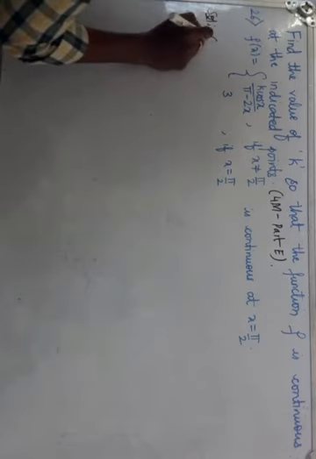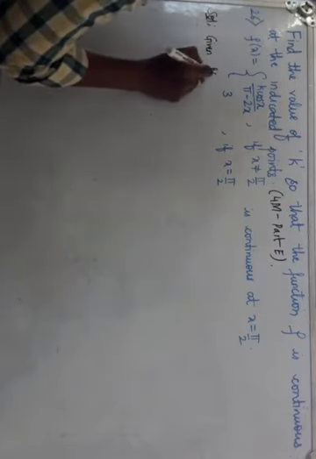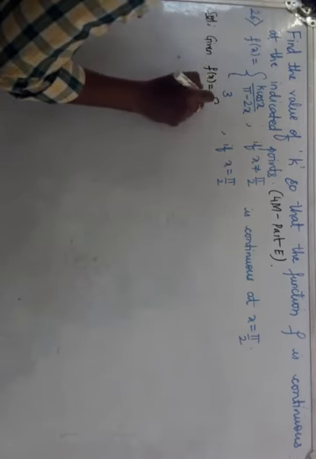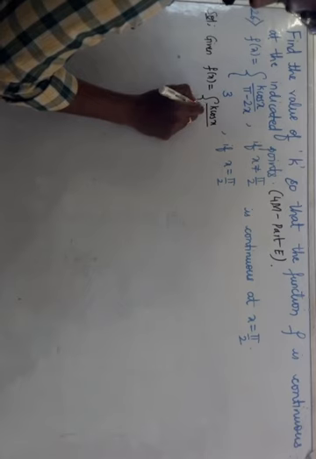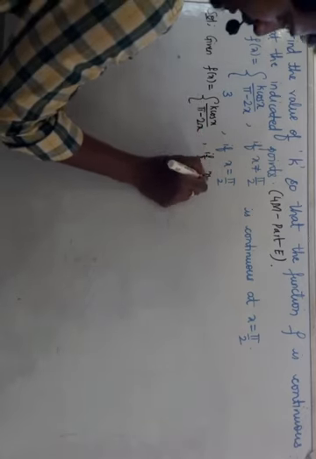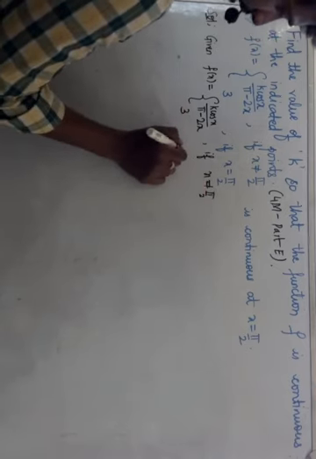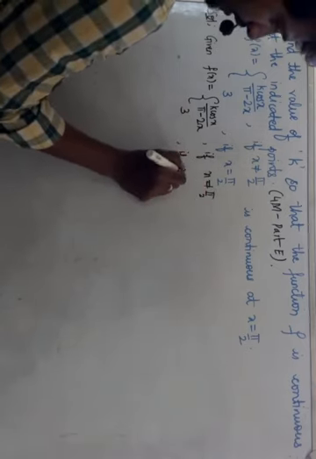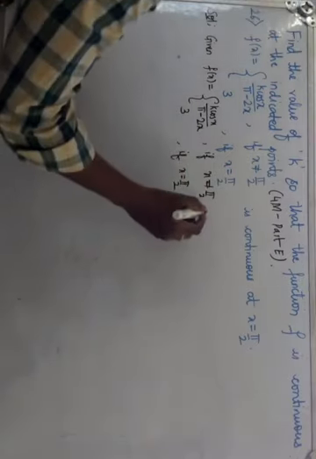Solution. Here the given function is f of x is equal to k cos x divided by pi minus 2x if x is not equal to pi by 2, and it is 3 if x is equal to pi by 2.